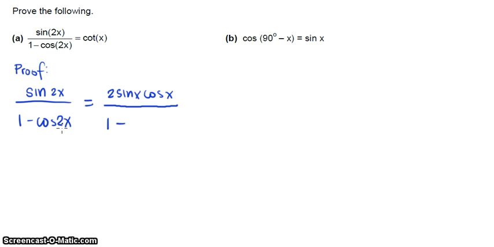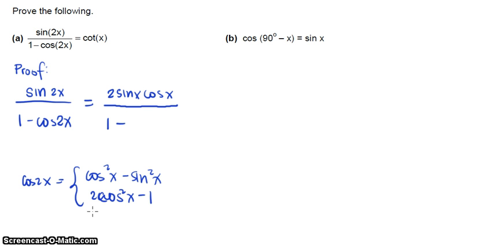Cosine 2x has three identities: cosine squared x minus sine squared x, or 2 cosine squared x minus 1, or 1 minus 2 sine squared x. In proving, you have to determine which of the three will be best in this case.